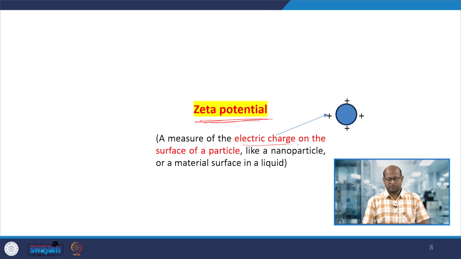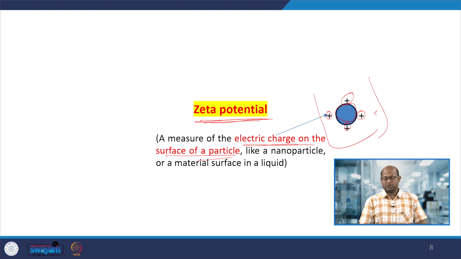Actually, it is a measure of the electric charge on the surface of particles. When we prepare a particle, some charge may develop on the surface of the material or nanoparticle, either positive or negative, surrounding the nanoparticle. When it is suspended in a solvent, the stability of the nanoparticles in that solvent depends on whether it is highly charged or low charged.